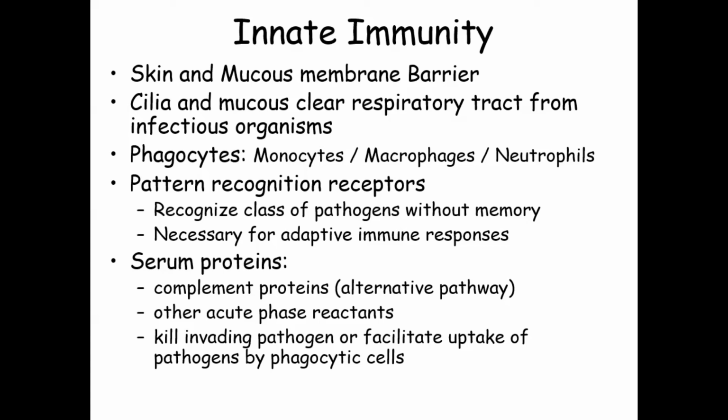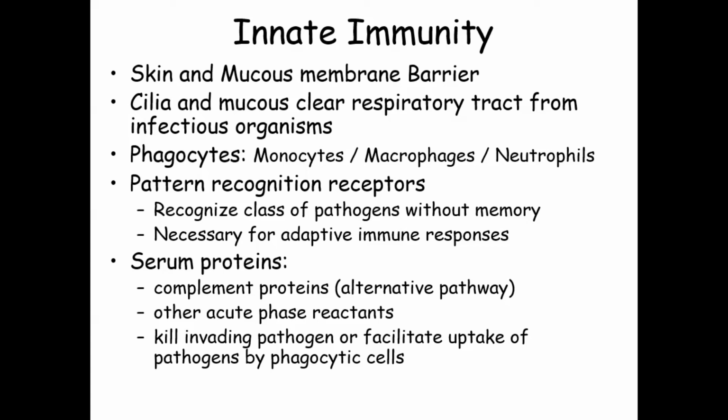It can't tell necessarily one bacteria from the other, but it can tell a class of bacteria or a class of fungi or viruses. And those are very important. This is the first signal of danger, that there's something foreign potentially causing an infection. And it's necessary for the immune system to start an inflammatory process and then turn on the rest of the immune system, which we refer to as the adaptive immune system.